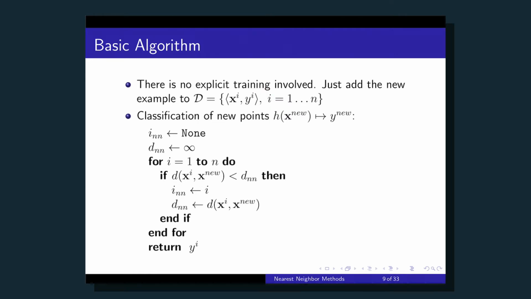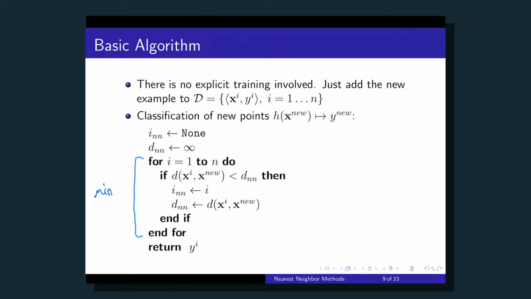And when the for loop is done, essentially what you've done here is a min operation, right? You found the point with the minimum distance to this new point, and then for nearest neighbor, all you do is return the label of the point you found.